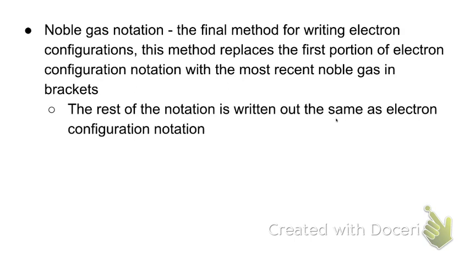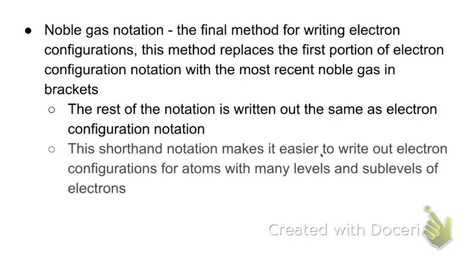Rest of the notation is written out the same as electron configuration notation. It's just shorthand notation. It makes it easier to write out electron configurations for atoms that have many levels and sublevels of electrons.